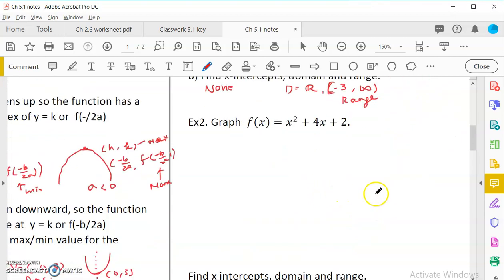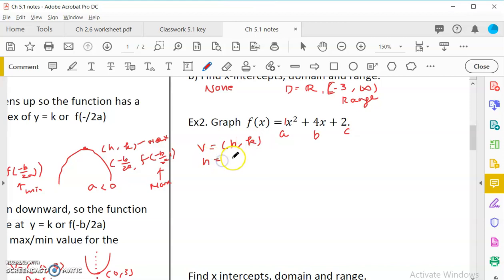The second one is a parabola that is in general form. Ax squared, a is 1, b is 4, c is 2. So the vertex, you have to calculate it.